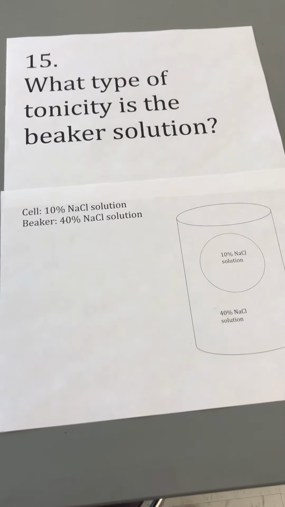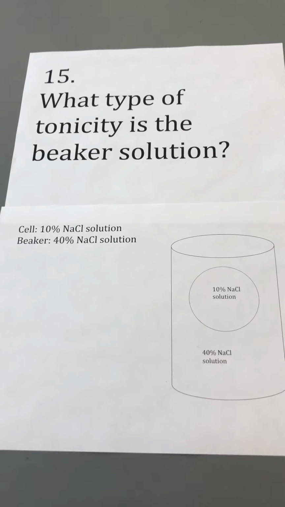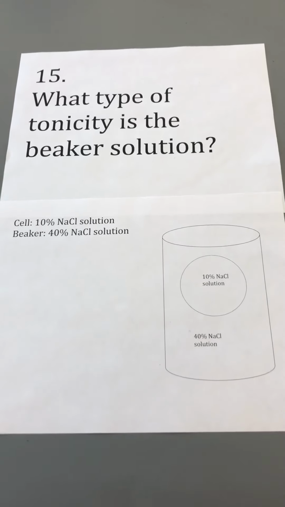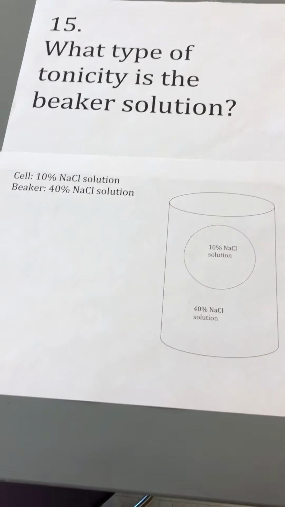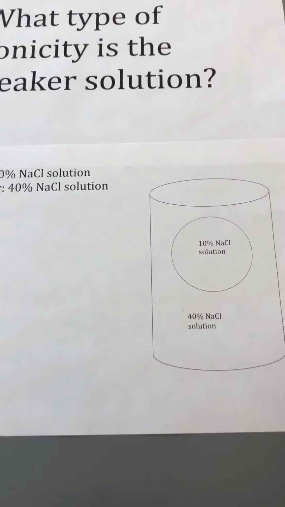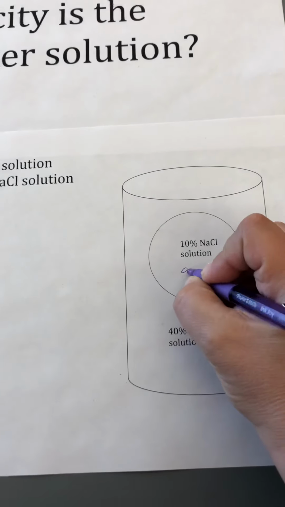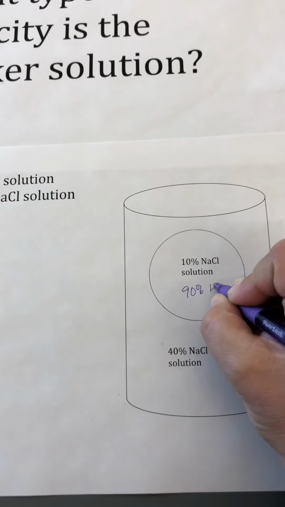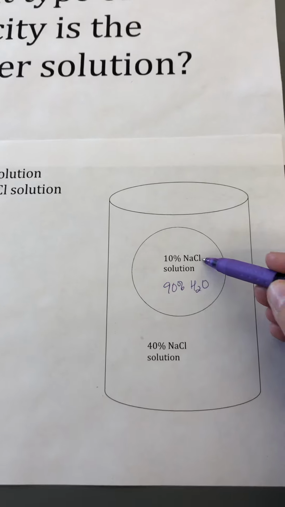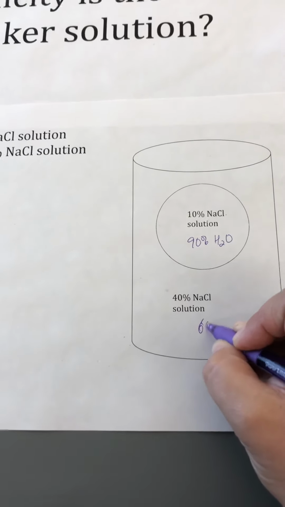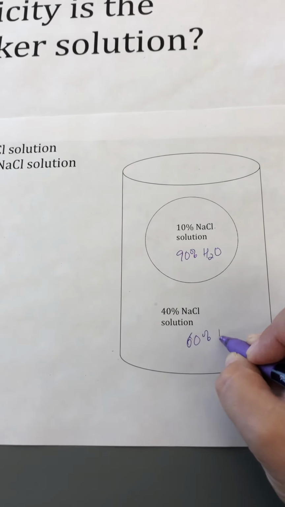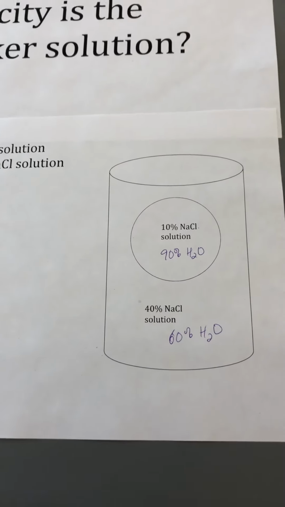15, experiment like we had done in the laboratory. What type of tonicity is the beaker solution? Okay, in the cell there's a 90% water environment, since it is 10% salt. In the beaker, there is a 60% water environment.